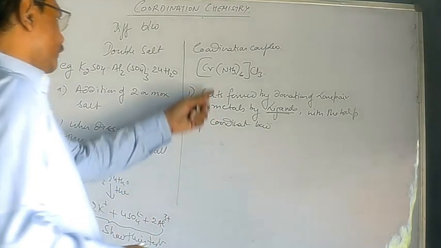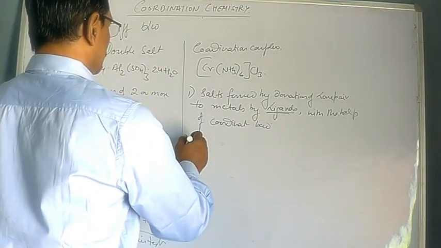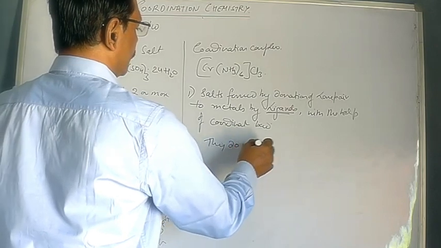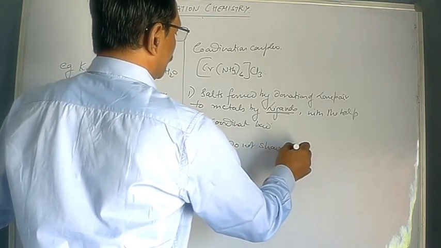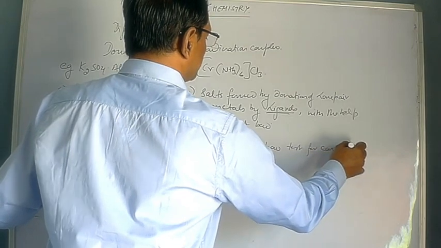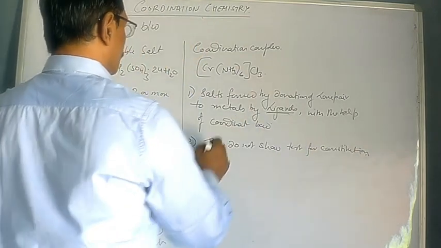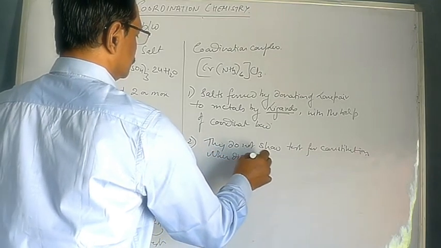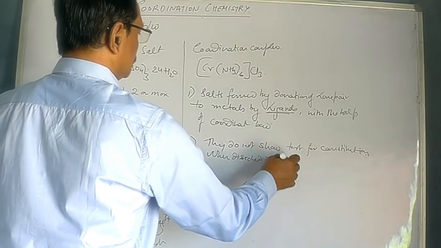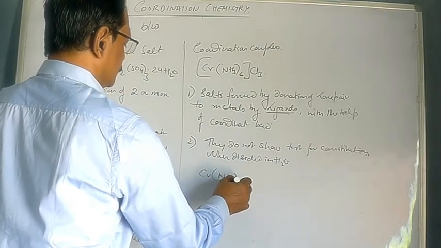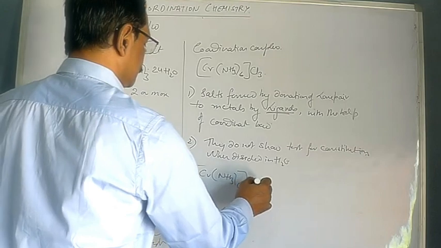But class, in the case of coordination complexes, they do not show tests for constituent ions when dissolved in water. Let us take the example [Cr(NH3)6]Cl3.